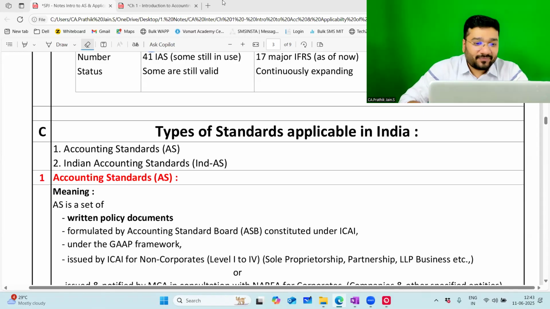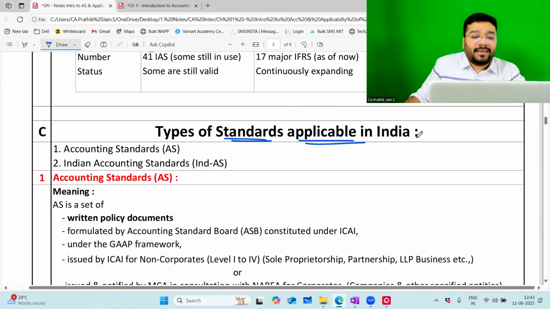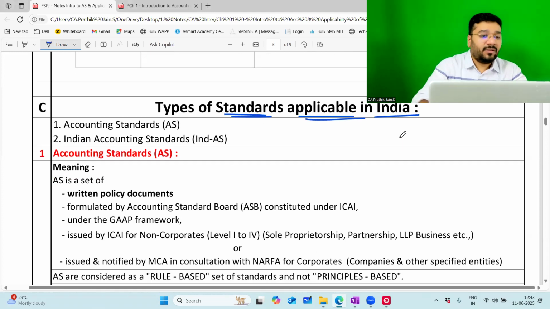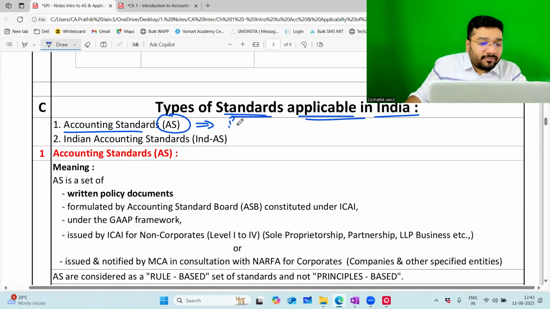So let's continue. The next concept that we have to discuss is to understand what are the different types of standards applicable in India. So we have two standards running parallelly. One is called Accounting Standard, AS. We have the complete coverage of all the AS at the CA Intermediate level.